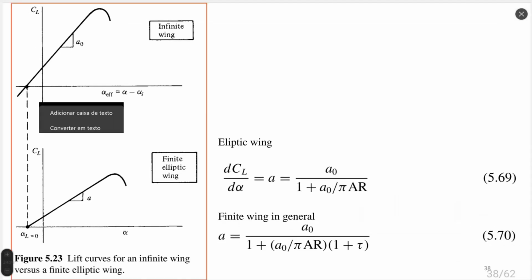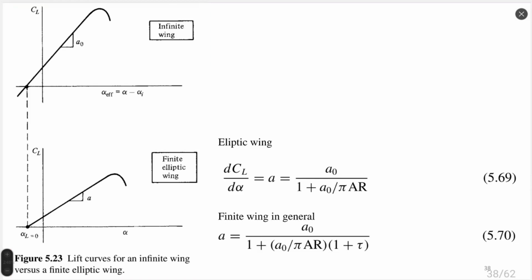Comparison between different types of wings. We know that for an infinite wing or airfoil, lift coefficient is higher. For a finite wing or elliptic finite wing, lift coefficient is smaller. So the lift slope is smaller.